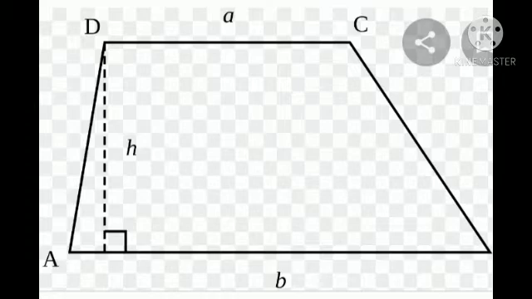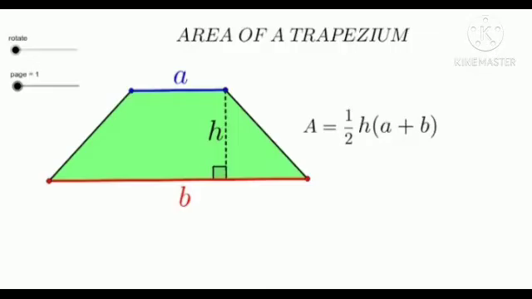The area of a trapezium is equal to half h into a plus b. The product of half of the sum of the sides and the height between them. This is the formula, and apply this formula to find the area of trapezium for the next problem.